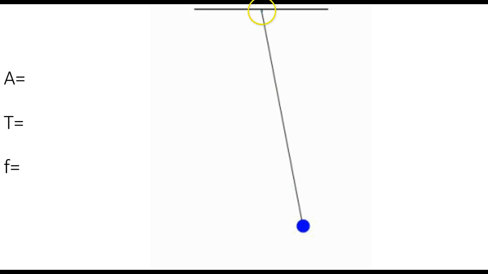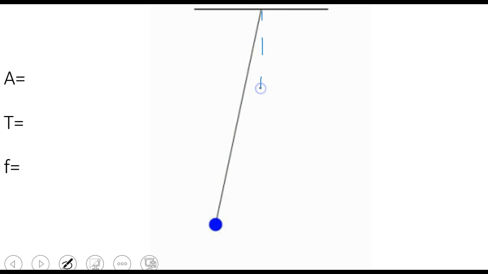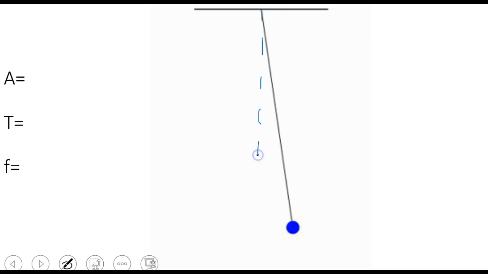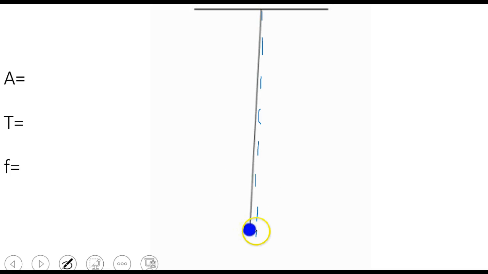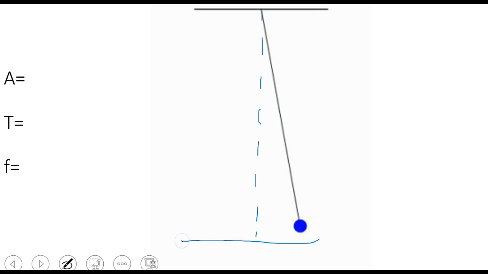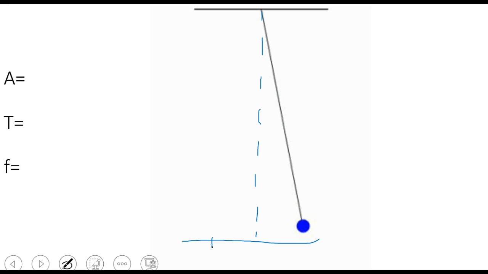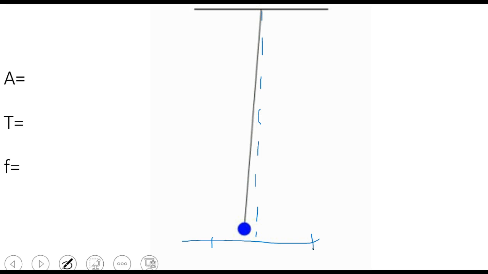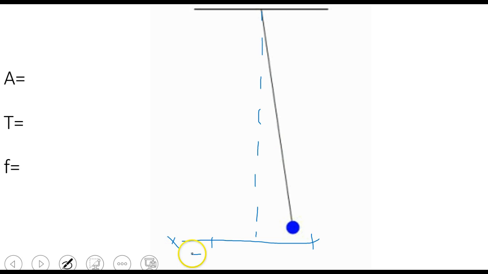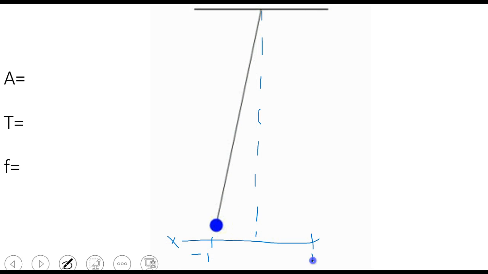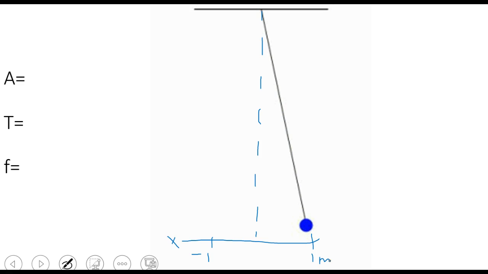I'm going to put a little dashed line for the neutral ground of this pendulum. This is its max on this side, and this is its max on this side. I'll call each of these 1 meter. So for a position on the x, this will be a -1, and this will be a +1 meters.